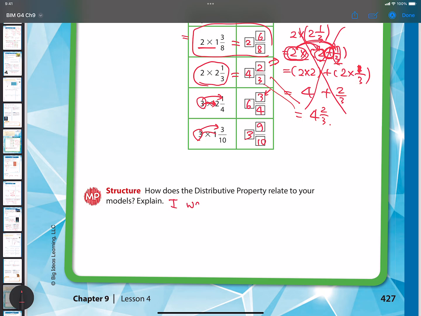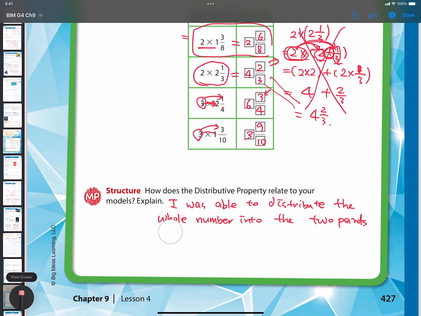You are able to distribute the whole number into the two parts of the mixed number.